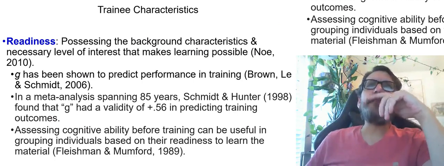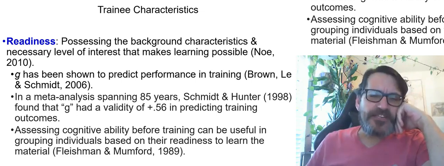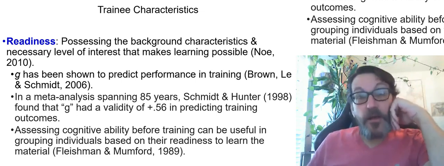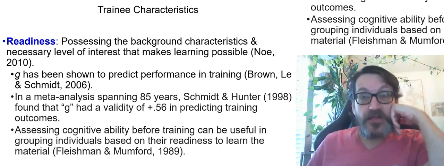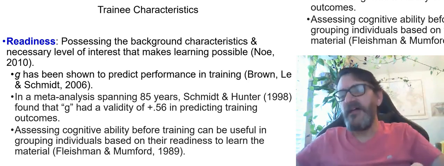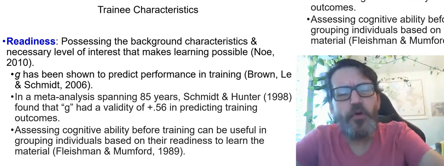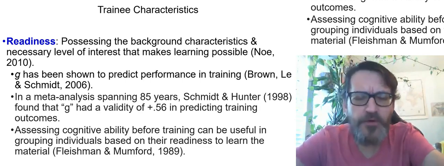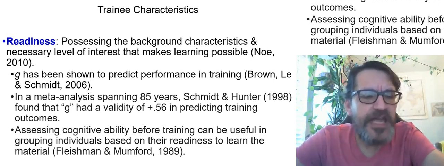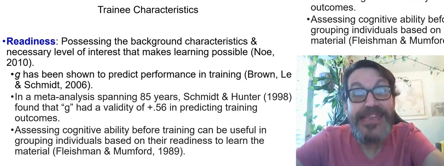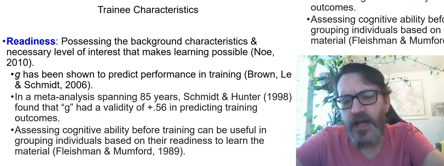Readiness, and this is actually a very important thing, that the trainees, the people to be trained, maybe they're not ready. And remember that the single most important predictor, remember there are many predictors out there, but the predictor which is most valid across just about any occupation is G, or general intelligence.